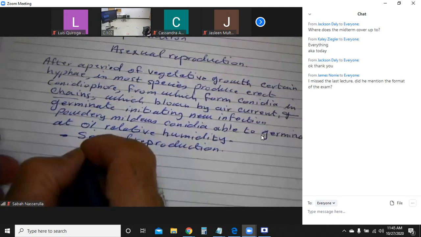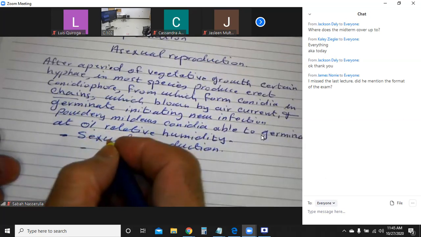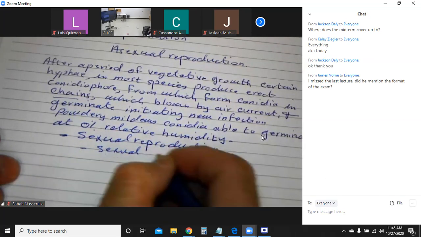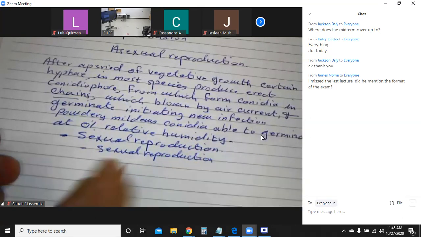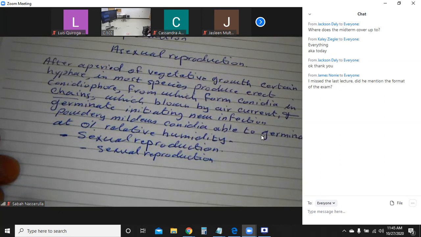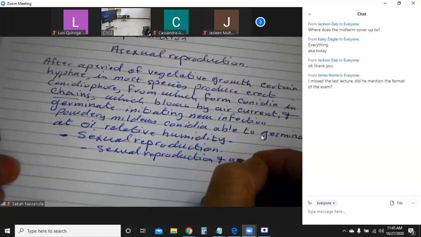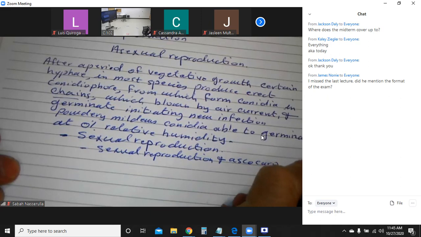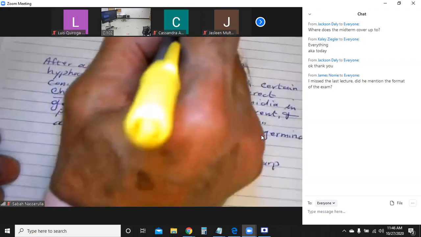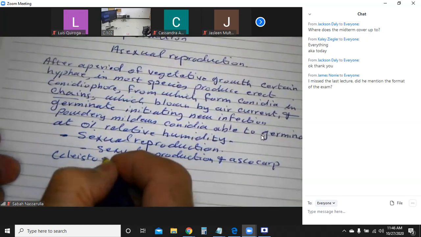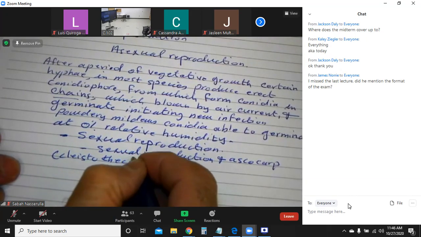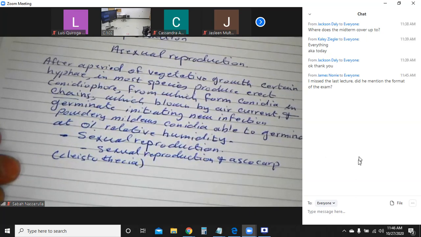In general, I'm going to mention a few points. Usually, the sexual reproduction and ascocarp formation, or the fruiting body formation. Of course, the ascocarp in this case is a kind of cleistothecia, because as I mentioned, this order is a cleistothecial order. Cleistothecia, okay.